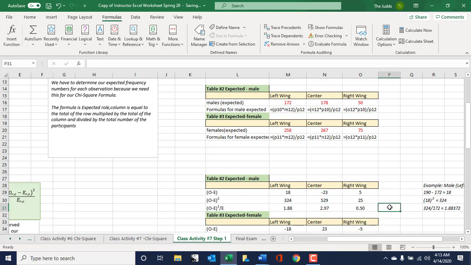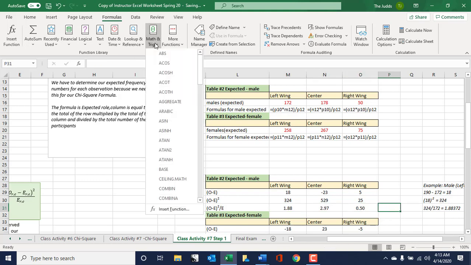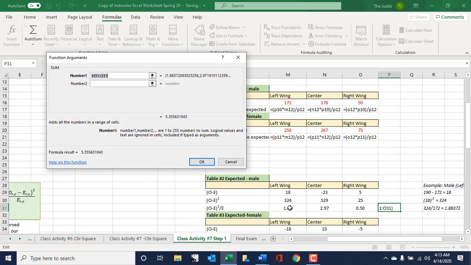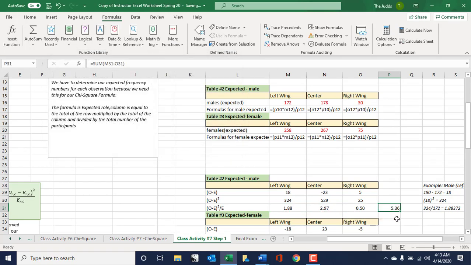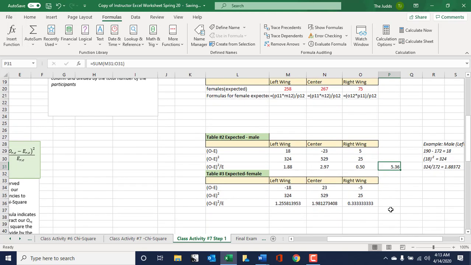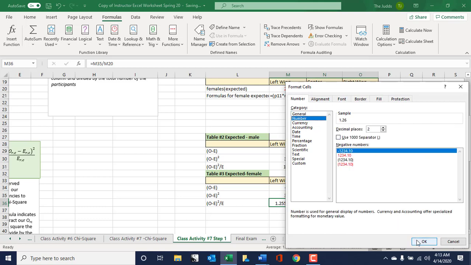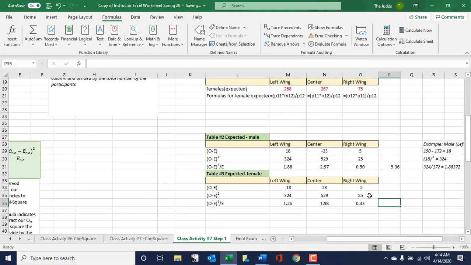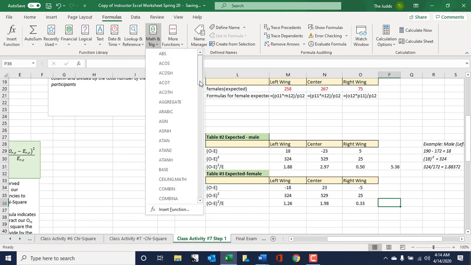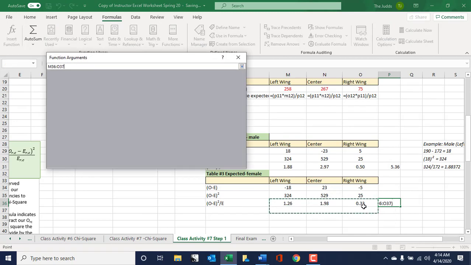And over here, we're going to sum it. We're going to get a total for it. So we have a chi-square statistic of 5.316. I've just done the same thing for the females down here. I just need to actually take this and do this, and then I need to sum it.